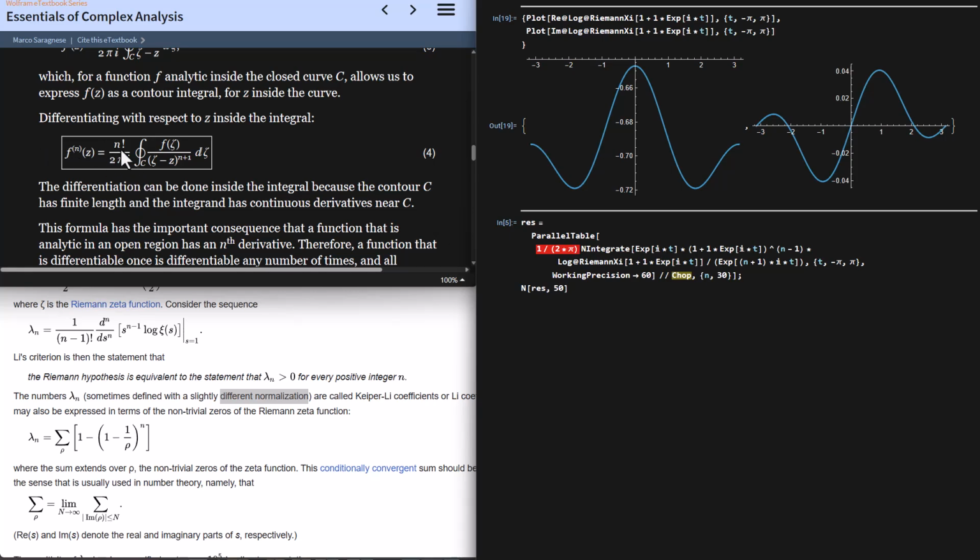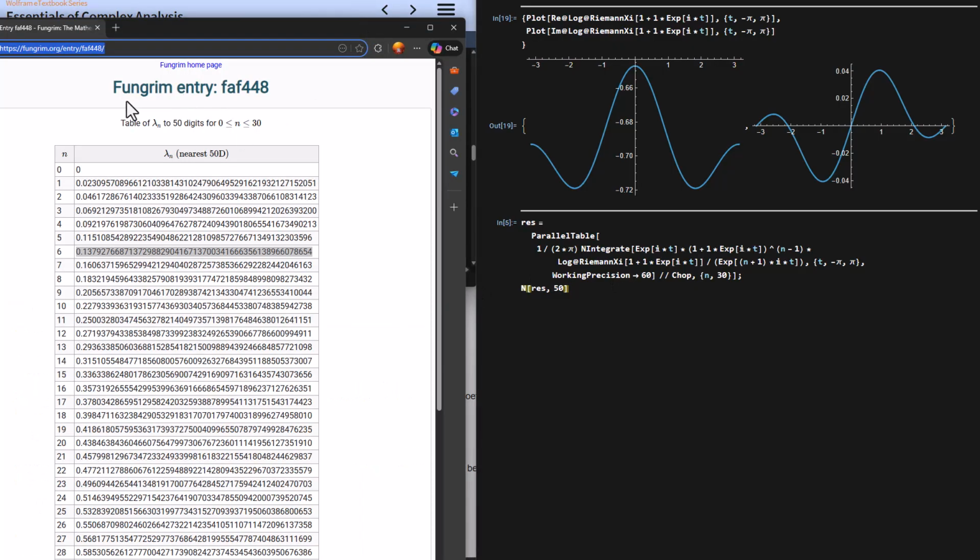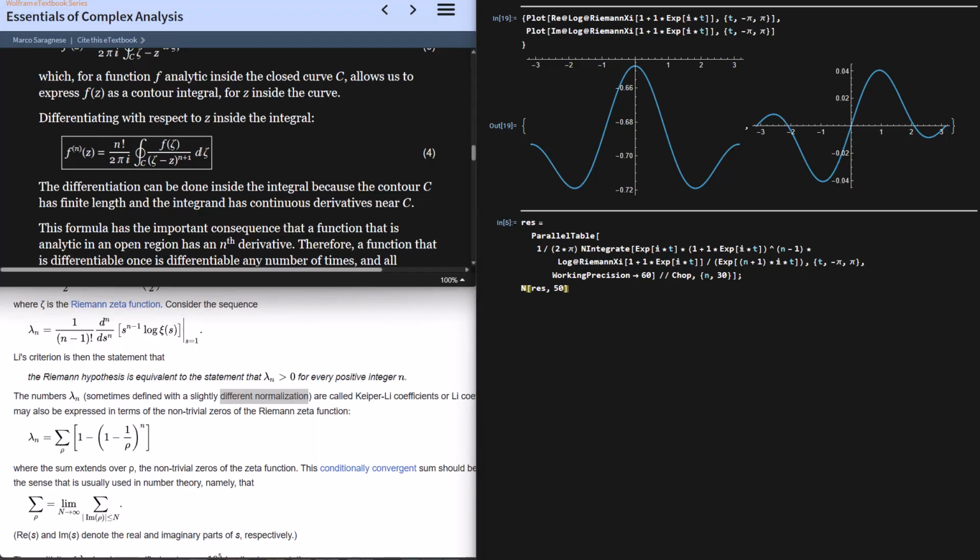And there should be n factorial, but in this case, the 1 over (n minus 1) factorial actually can cancel that. And I think the formula used to compute these values uses a slightly modified version of that, basically dropping the n as well.